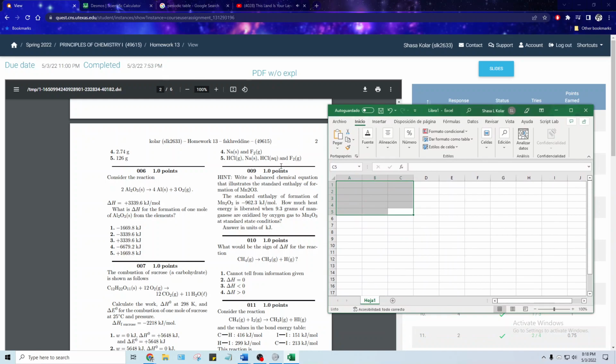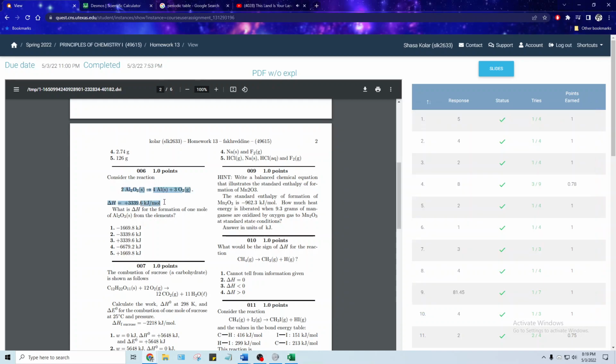Okay, so what is it saying? Heat of formation. So what it's saying is, this is for this, right? This is our reaction. They're saying, what is the opposite of this reaction? This is breaking it. This is burning it.